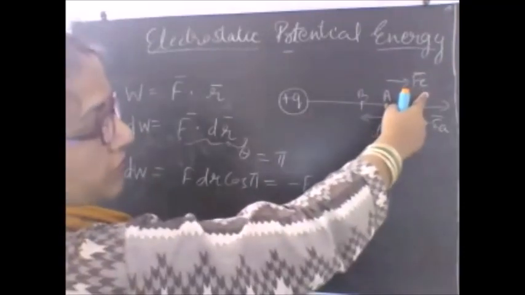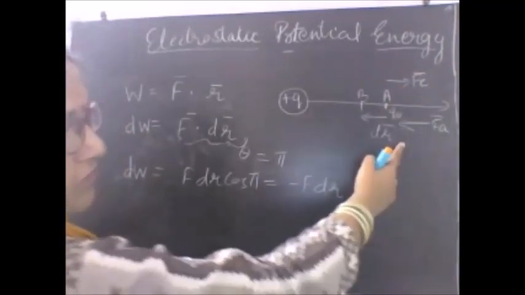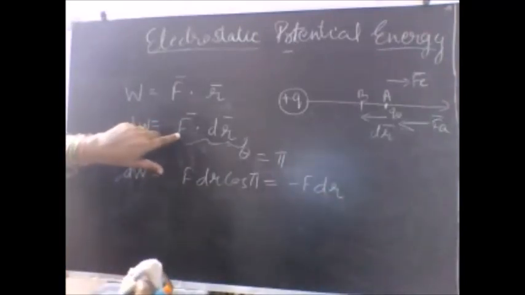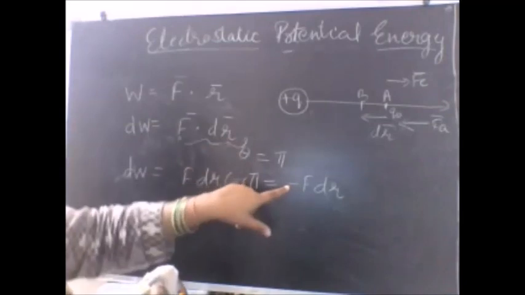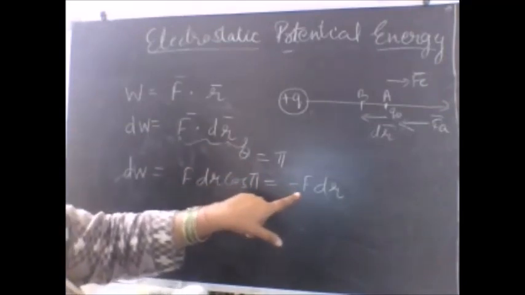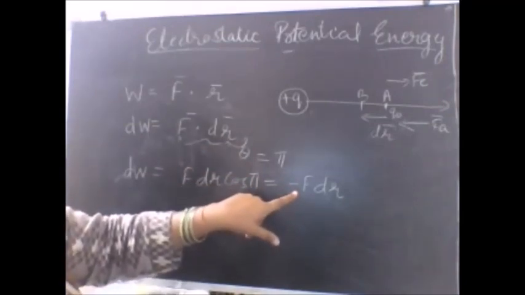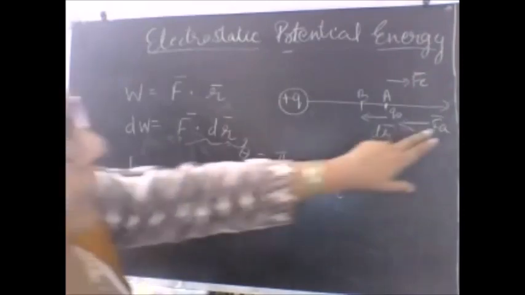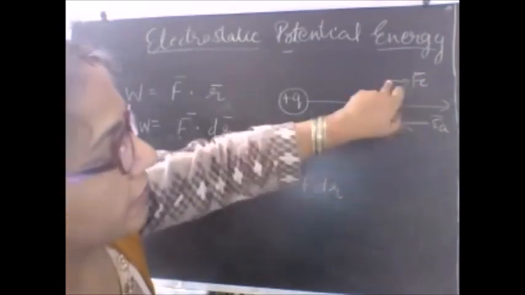Electrostatic force is in this direction and we are applying the force in this direction, and that is why we took this force as the electrostatic force, and we are getting a minus sign here. You all can note down the significance of the minus sign: it means that we are doing some effort against the electric force.